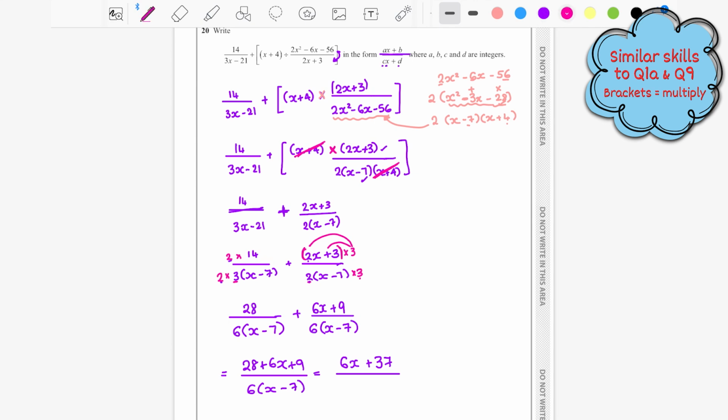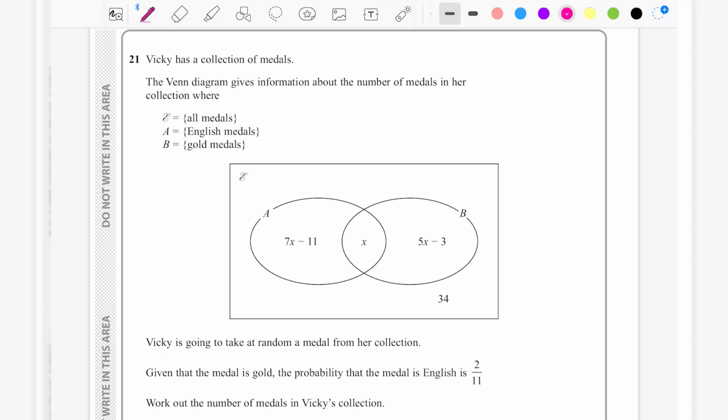So I'm just going to expand the 6 times x minus 7 so it looks just like that, because I want this form over here. If I expand it, I end up with 6x minus 42. Now, are they the same? Yes.